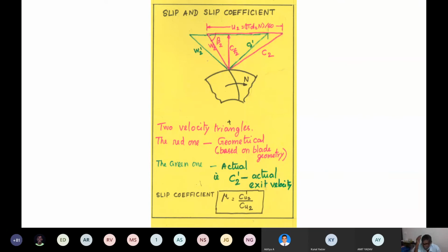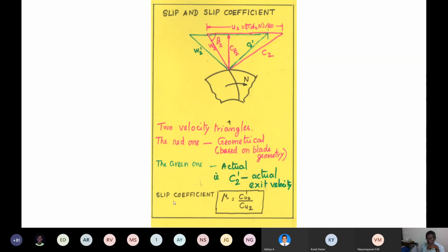Do you understand this point? Yes, sir. Infinite number of infinitesimally thin blades, so that they don't block the flow. So finally you get like this.